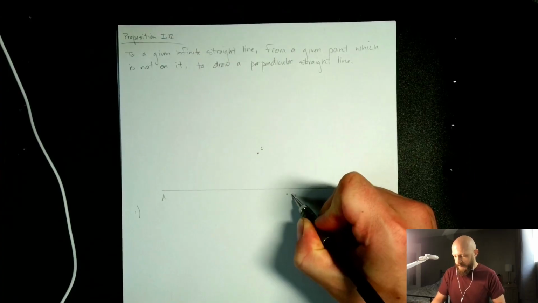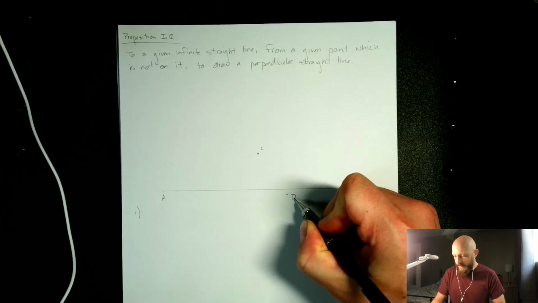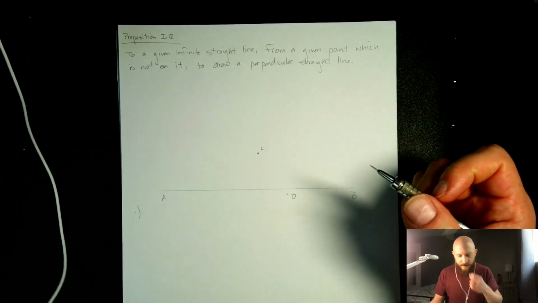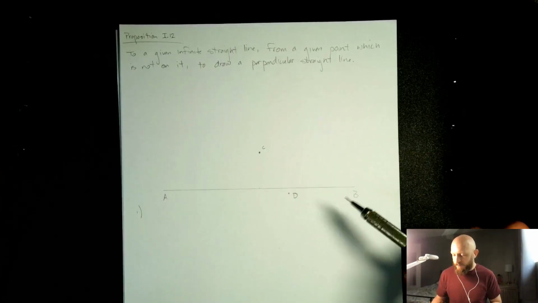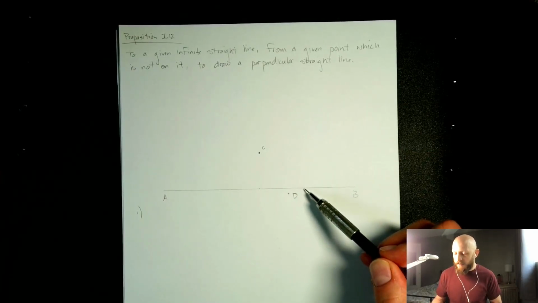This is a cool proof because you can just choose any old point that you like. I believe, and I'm just saying this off the top of my head, that you can do this proof by choosing a point D on the line.